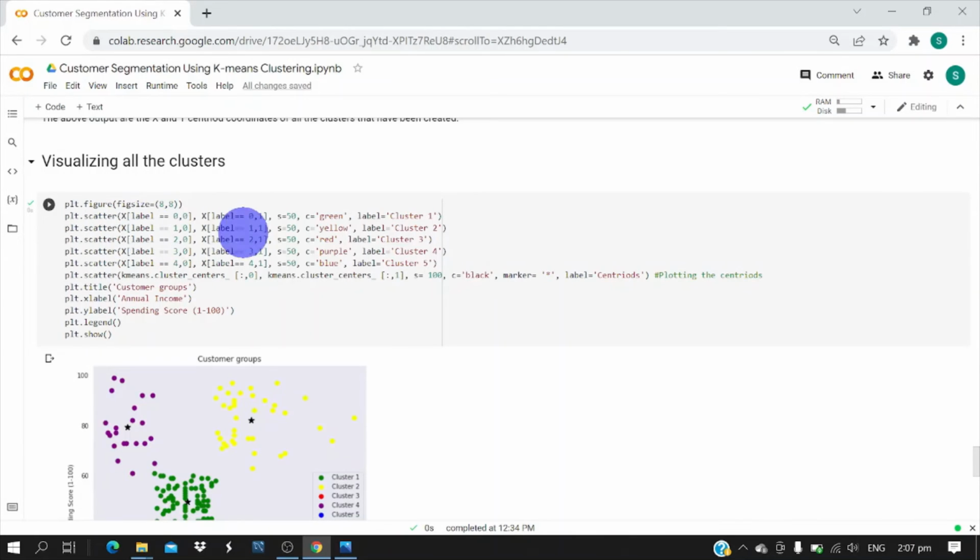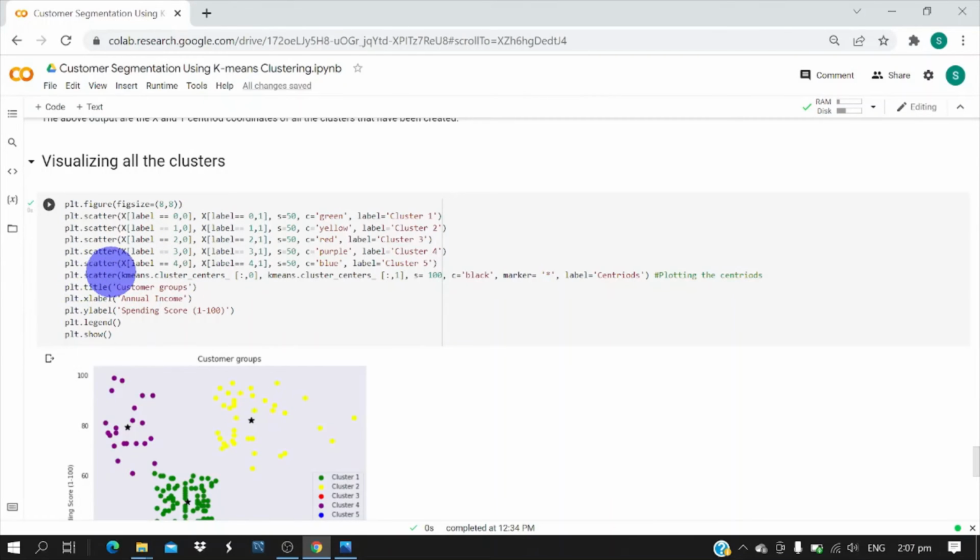And this S is the size, this is the color, this is the label. So this is for the x-axis, this is for the y-axis. That's why 1 here represents the spending score, and 0 over here represents the annual income. Okay, I think you must have gotten that.